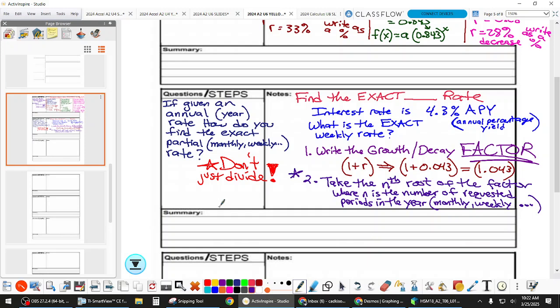So, what root are we taking of this? A 52nd root. Have you ever done that before? 52nd root of 1.043. Is this going to be a big number? Okay.